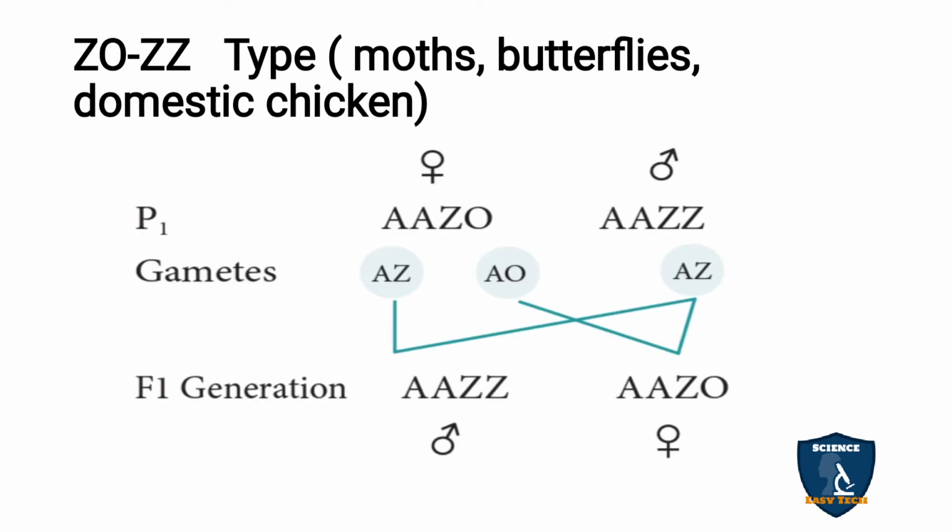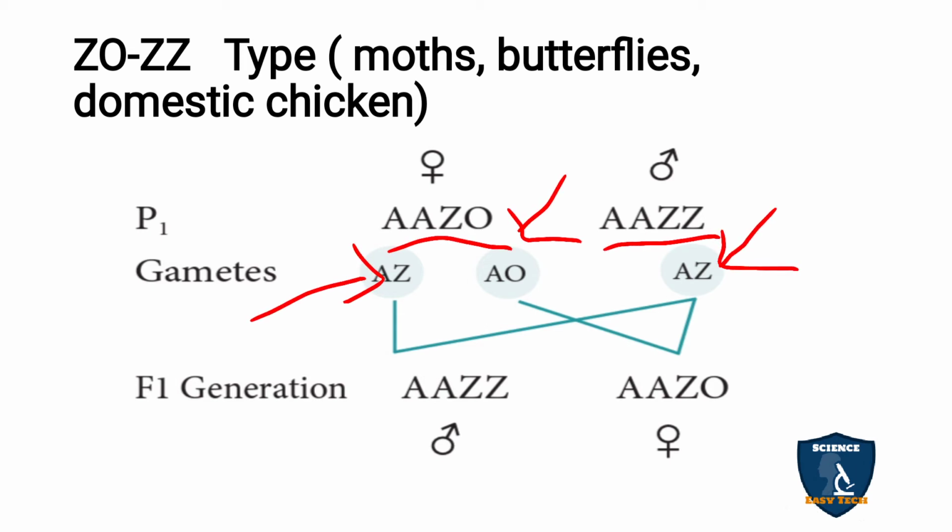ZO-ZZ type is seen in moths, butterflies and domestic chicken. Here the male and female parents are crossed: AAZO is crossed with AAZZ. For gamete formation, because it is a heterogametic female, two gametes are formed, AZ and AO, and from the male parent only one gamete is formed, AZ.